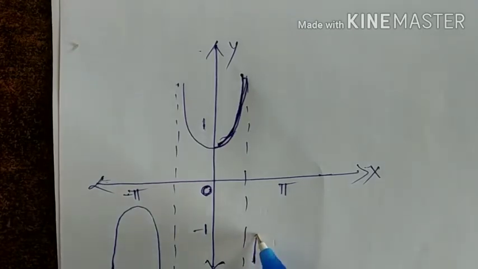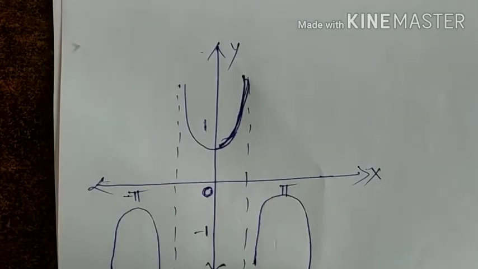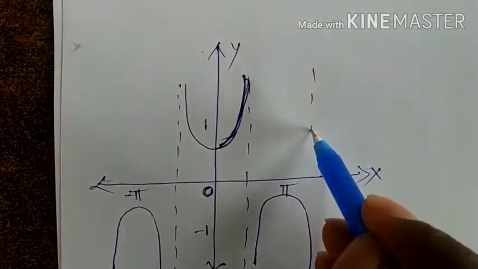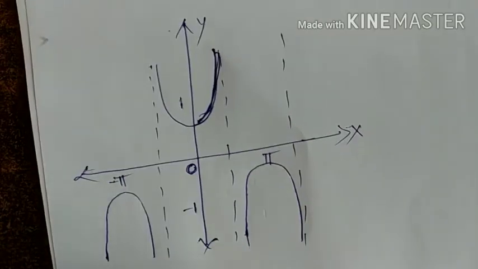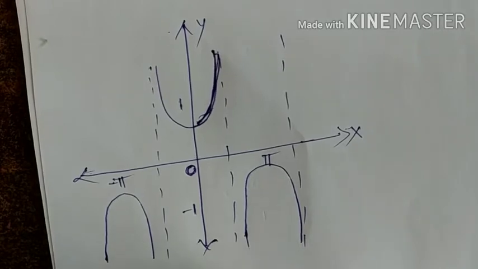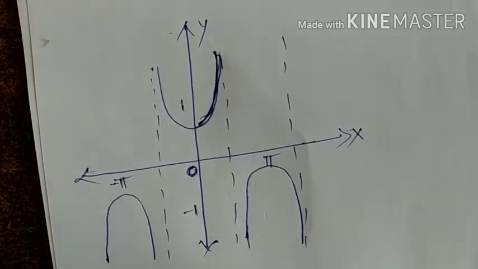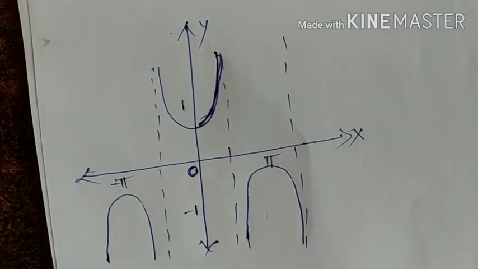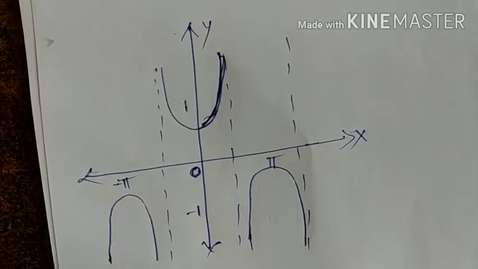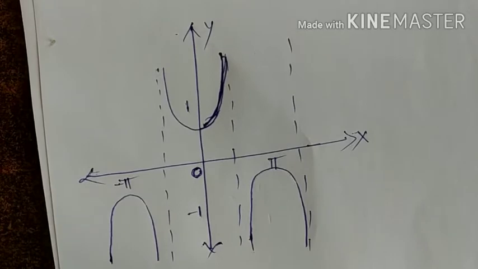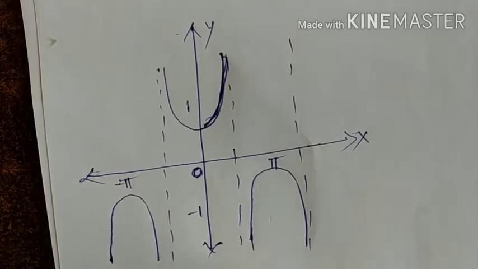Next we'll see the graph of inverse secant function. This represents the graph of secant function, y is equal to secant x. Here x is defined for certain values only. Those values are 0 less than or equal to x less than or equal to pi, and x is not equal to pi by 2.